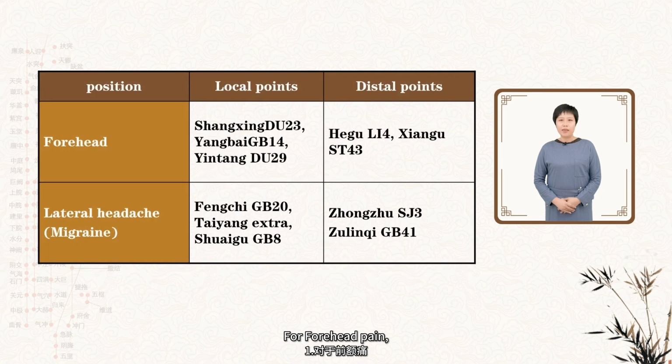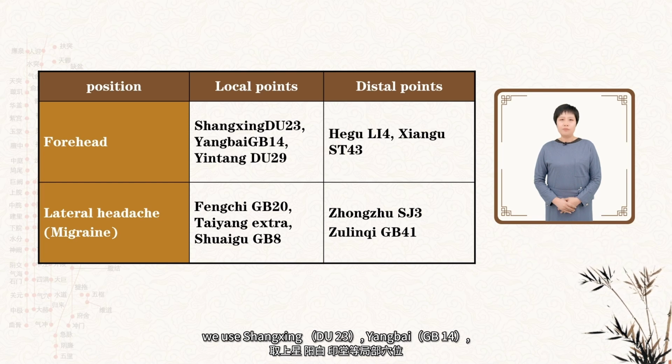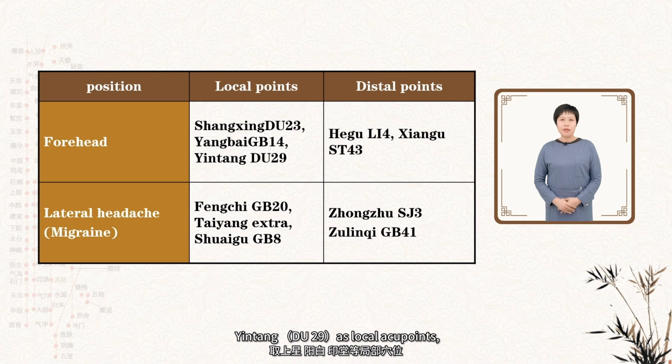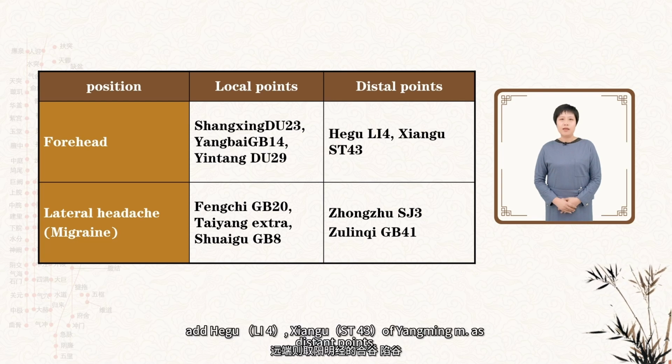For forehead pain, we use Shangxing DU 23, Yangbai GB 14, Yintang DU 29 as local acupoints, and Hegu large intestine 4, Xiangu stomach 43 of the Yangming meridian as remote points.